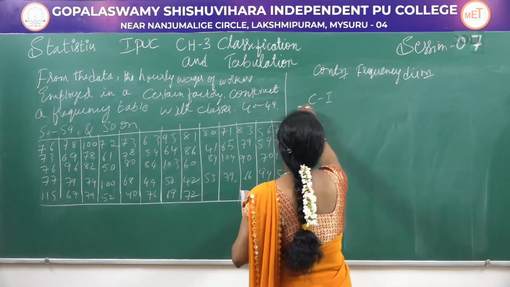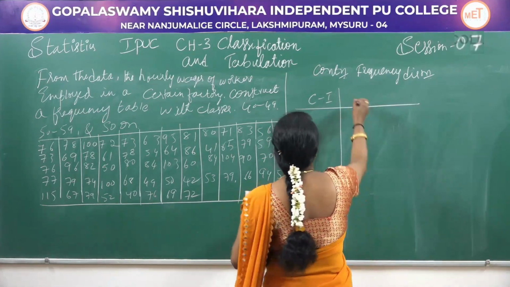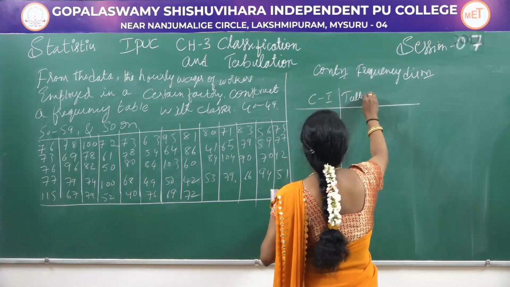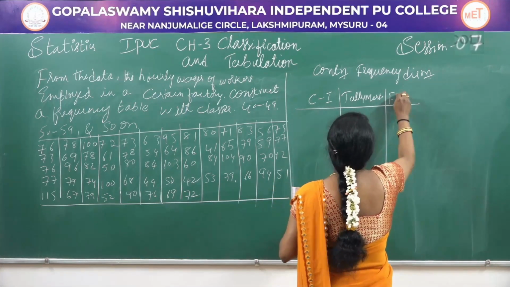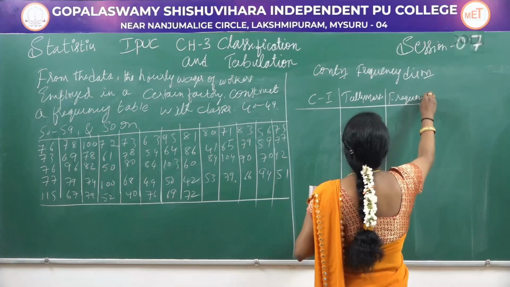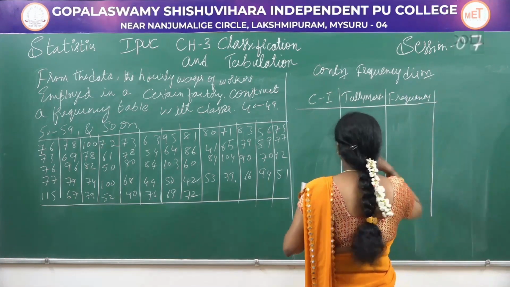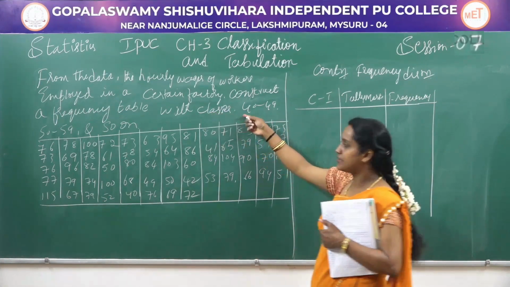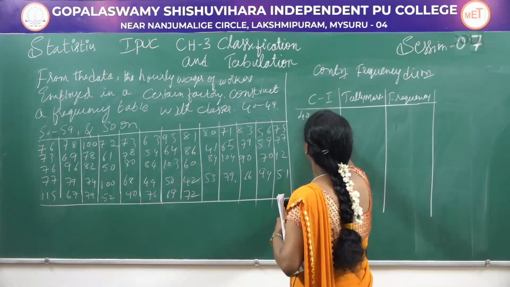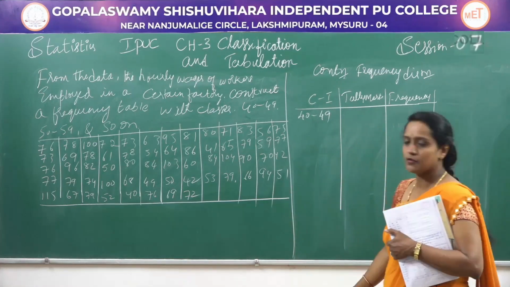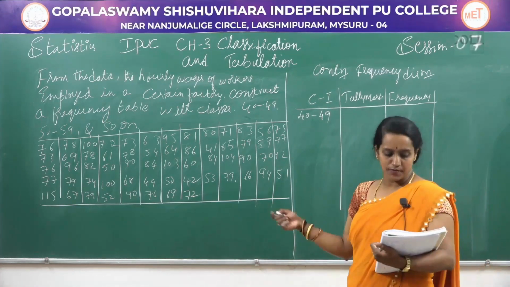First will be class interval, next tally mark, and frequency. Already they have given the classes: the first one is 40 to 49 and the second one is 50 to 59, and so on.